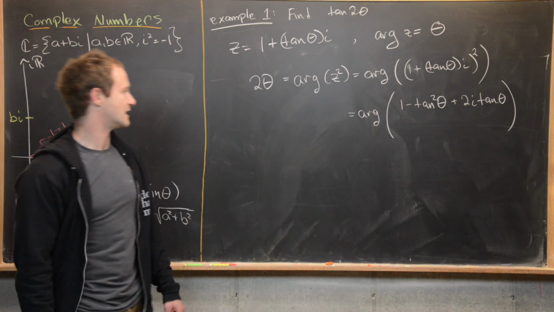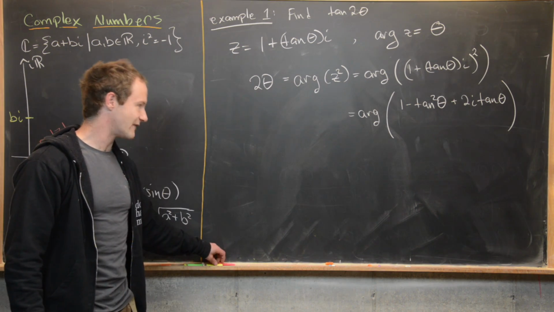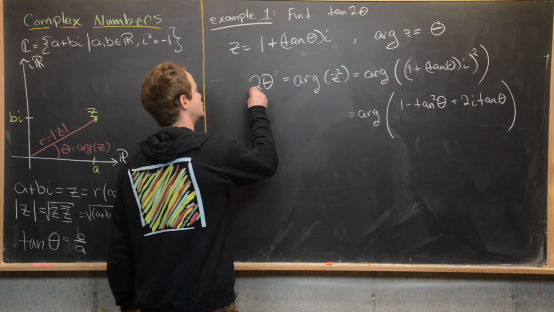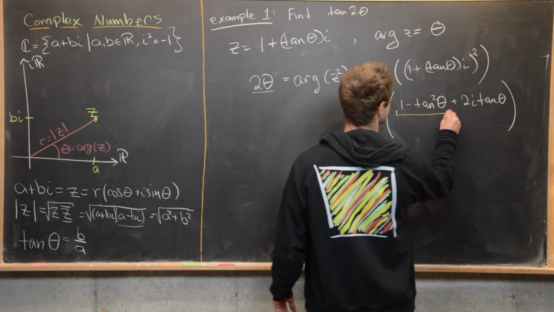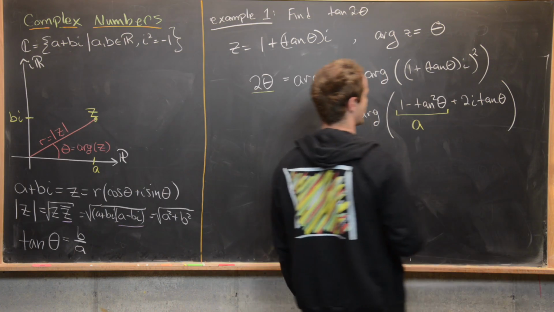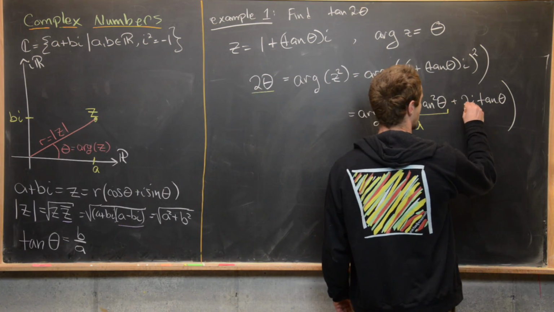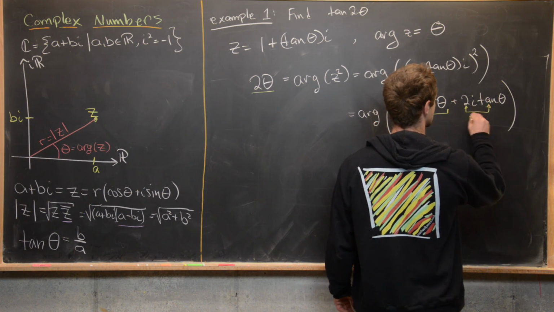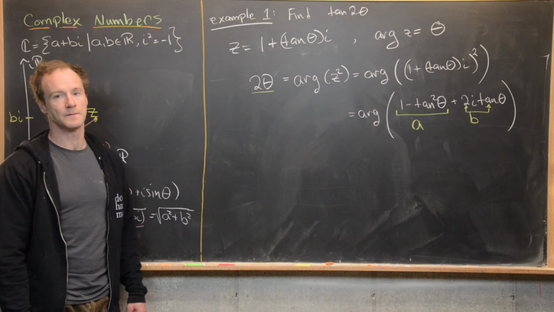So we have the argument of that complex number. Just to reiterate, what we have going on here is 2 theta equals the argument of this complex number, which has real part, which I'll call A, and it has imaginary part, 2 times tangent theta, which I'll call B. Good.